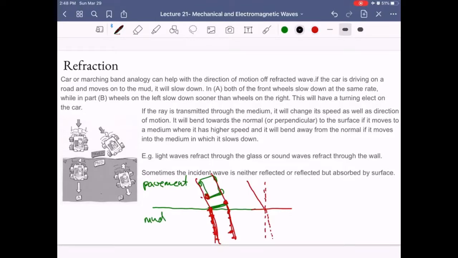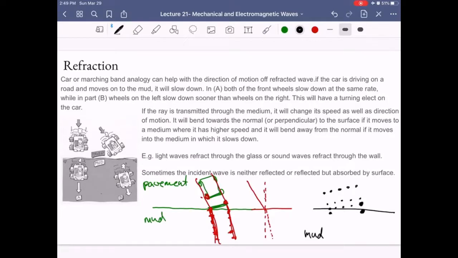Another visual help could be to think of a marching band like that. As they go closer to the surface, this person gets slowed down more than the others. The others don't get slowed down because they are still moving on a faster surface. But in the mud, the first person struggles to move as fast, while this person here at the end has moved a bigger distance.